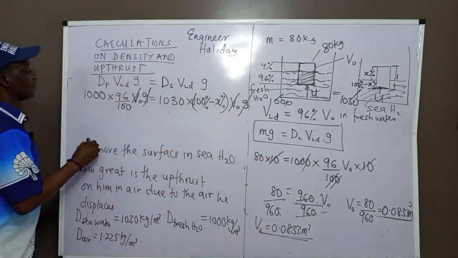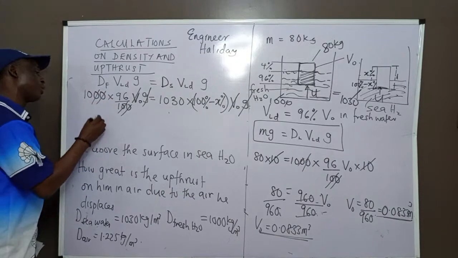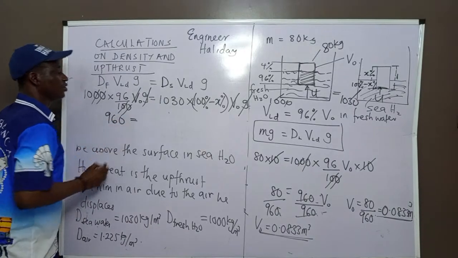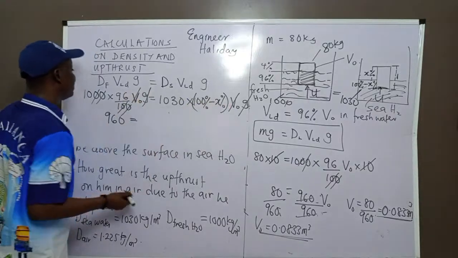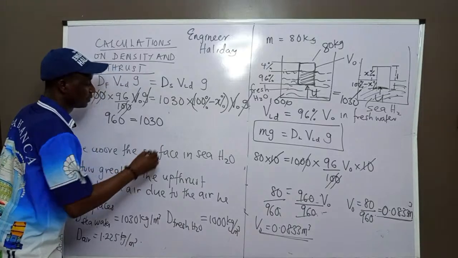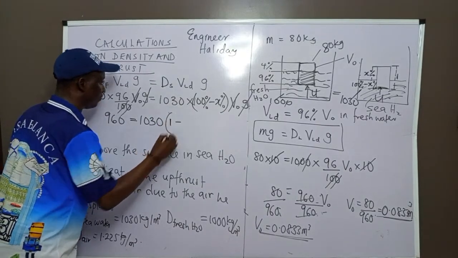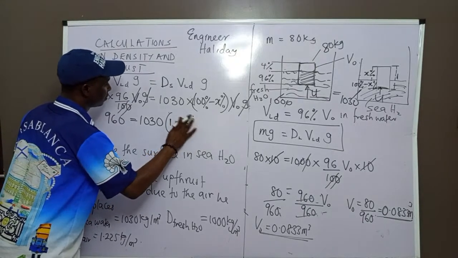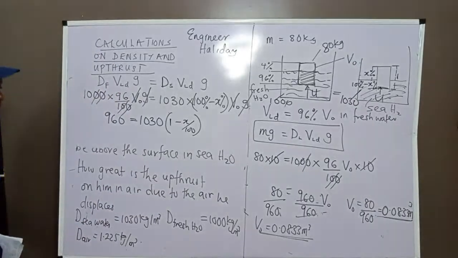So what I would have now is 1000 times 96, which gives 960, equals what? Don't forget they have the same volume and the same gravity, just the density that is different. So 1030 into the bracket of 100% minus S percent, which is 1 minus S over 100.